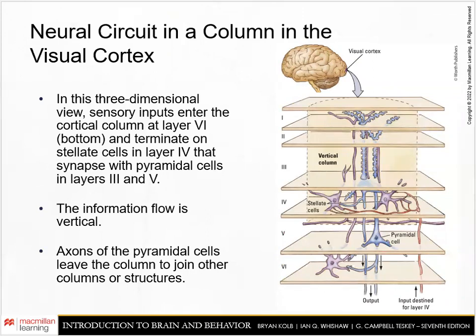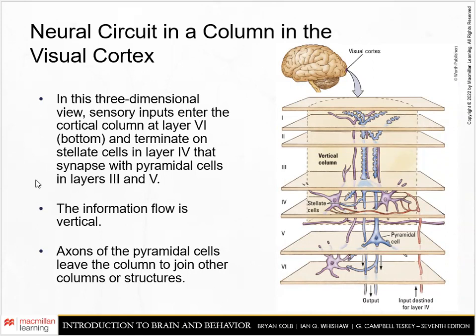Now, the neural circuit in a column in the visual cortex. We have this nice three-dimensional view over here, and the sensory input enters the cortical column at the layer of V1 at the bottom, and it terminates on the stellate cells in layer IV that synapse with pyramidal cells in layers 3 and 5.